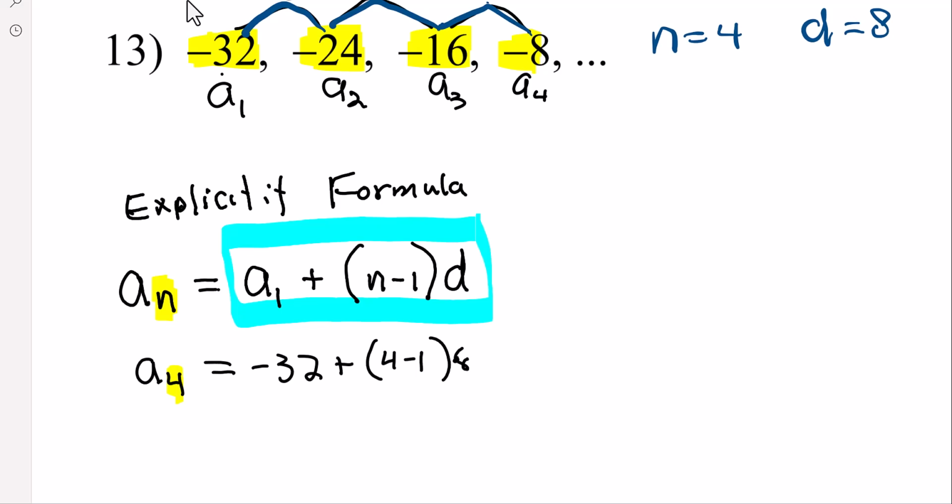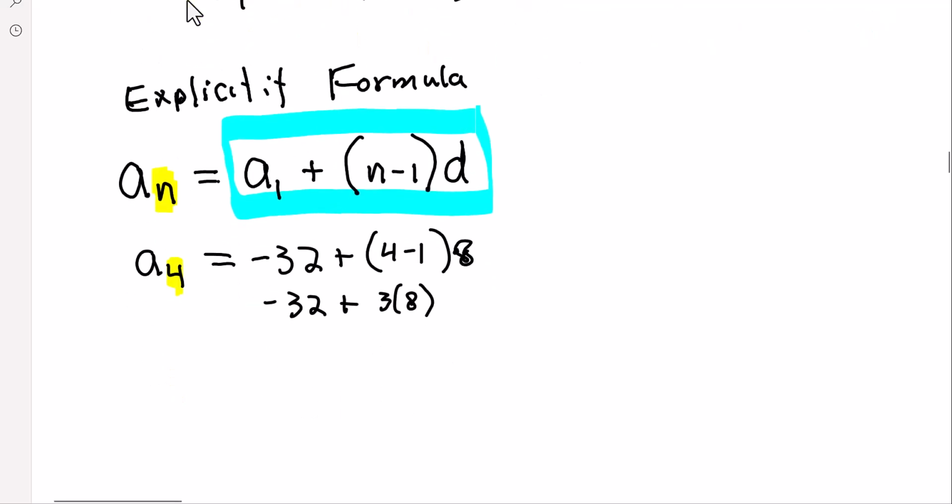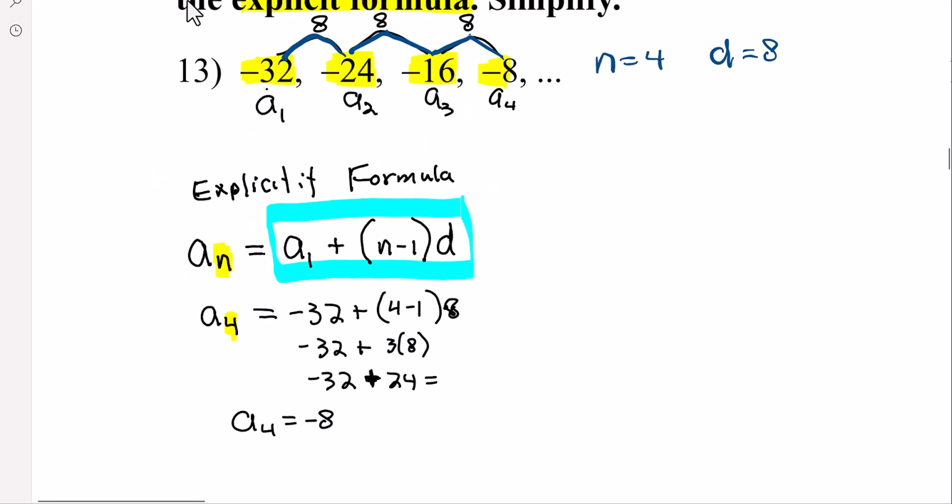The common difference is 8. So negative 32 plus 3 times 8, negative 32 plus 24, a sub 4 is negative 8. Oh, look at that, a sub 4 is negative 8.